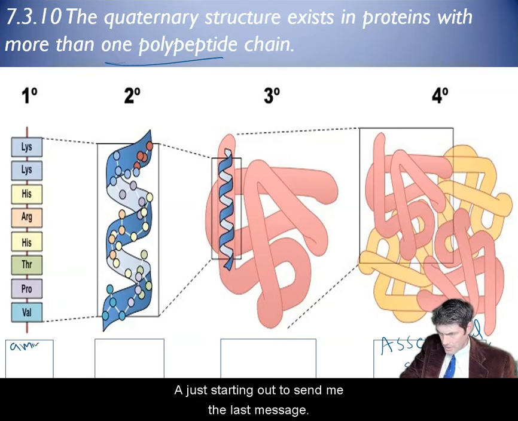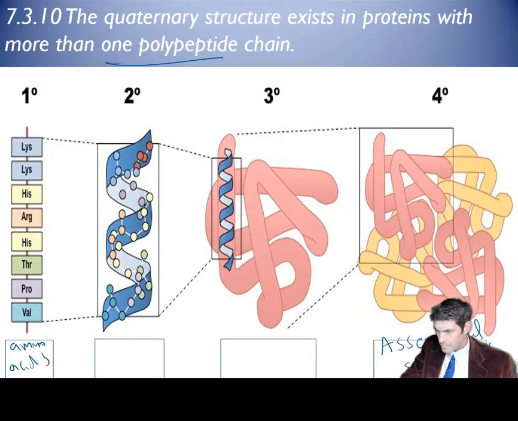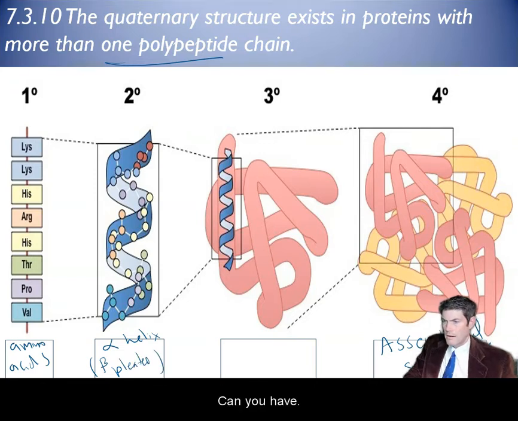Remember, just starting out, just the amino acids. Then you have the alpha helix or beta pleated sheet. And then you have folding.